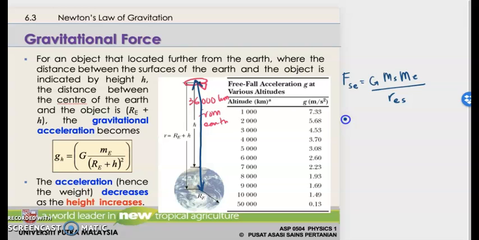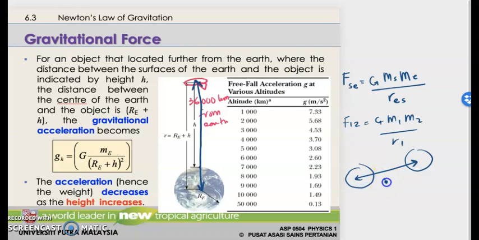Again, our equation initially was F12 equals G, mass 1, mass 2, over R12 squared, and previously we had an example whereby the radius is like this. Now we are talking about the same situation, except that now this is Earth and this is the satellite.